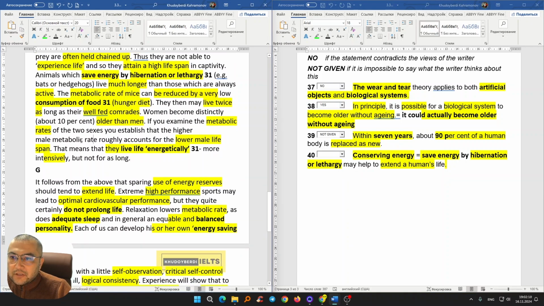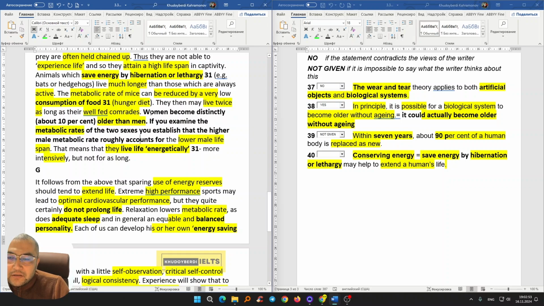Metabolic rate is kind of a biological process in our bodies, like renewing our cells, right? If you pay attention here, the metabolic rate of mice can be reduced by a very low consumption of food. They then may live twice as long as their well-fed comrades. Women become distinctly older than men, about 10%. So it's talking about animals, and at the same time it's also talking about people.